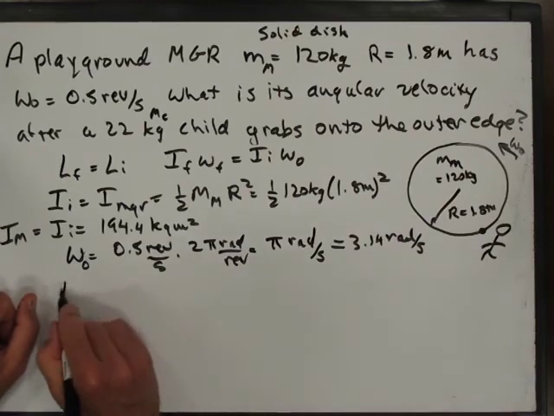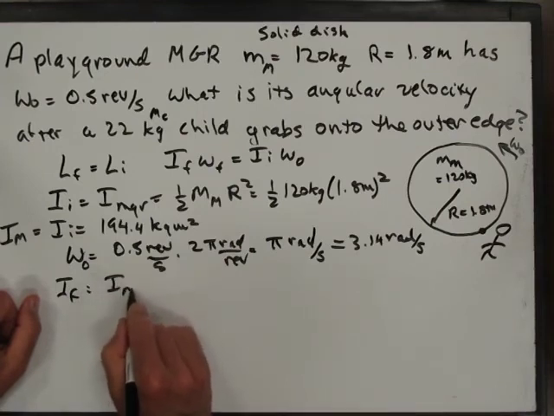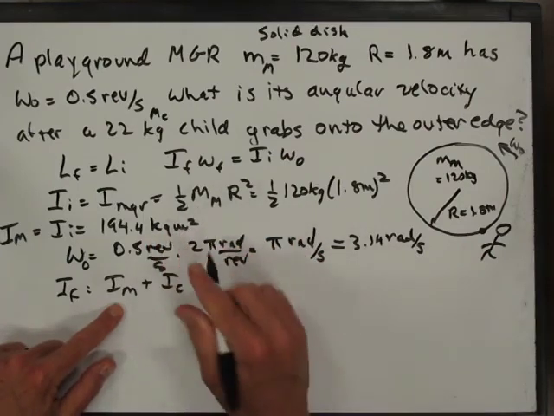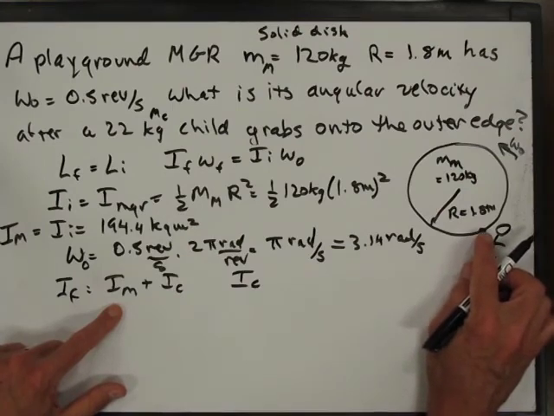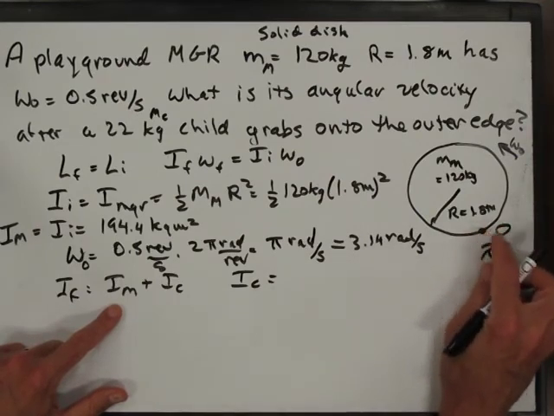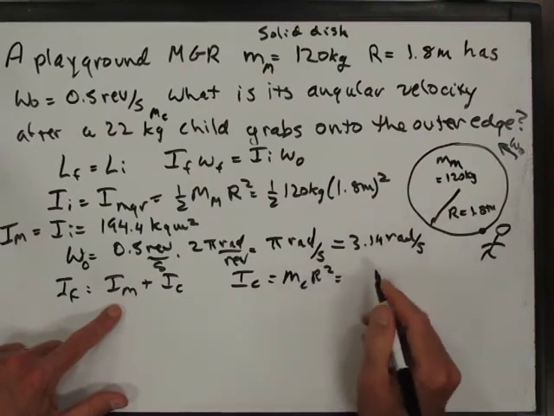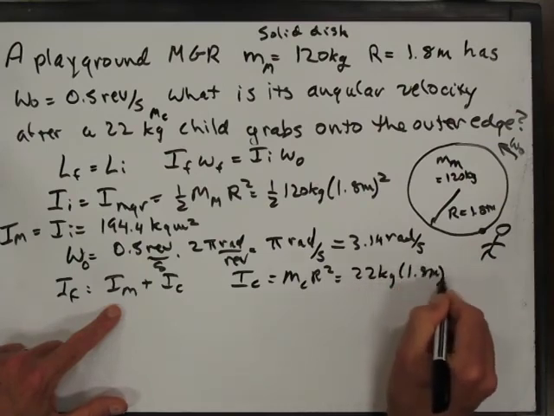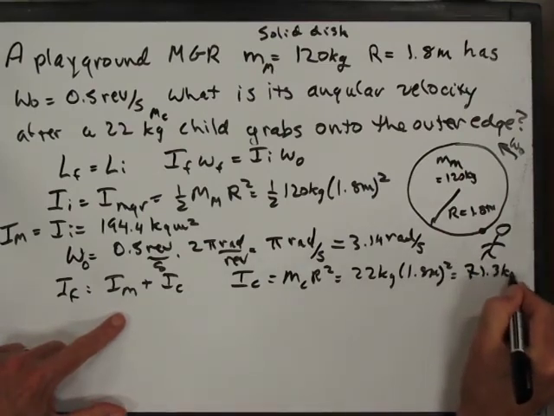At the end, I final is I for the merry-go-round plus I for the child. Well, we already know what this is. We calculated it, 194.4. I for the child is just the rotational inertia of a child spinning at a radius of 1.8 meters. We treat them as a point mass, just at one spot. The formula for that is just the mass of the child times r squared, which is 22 kilograms times 1.8 meters squared, which is like 71.3 kilogram meters squared.